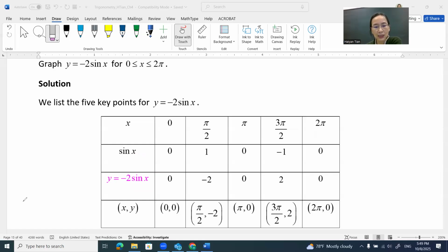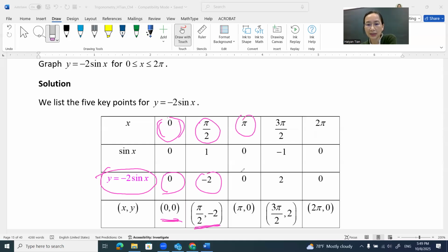So that means we should look at these pairs. For this x, that's the y. So 0, 0 is the first point for this function. For the next x, at pi over 2, the y will be -2.